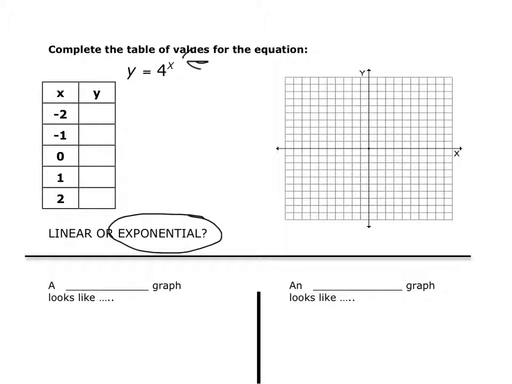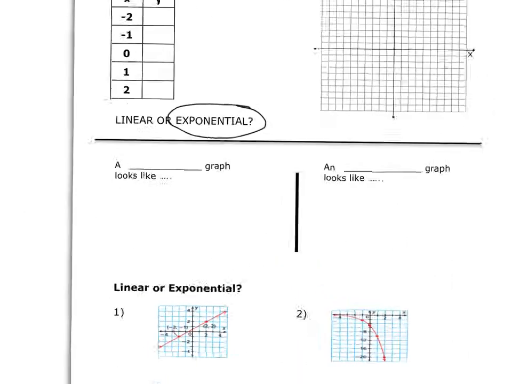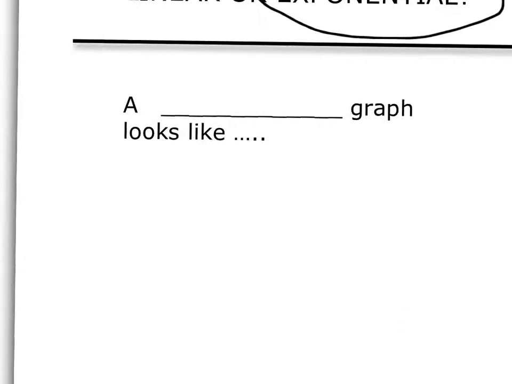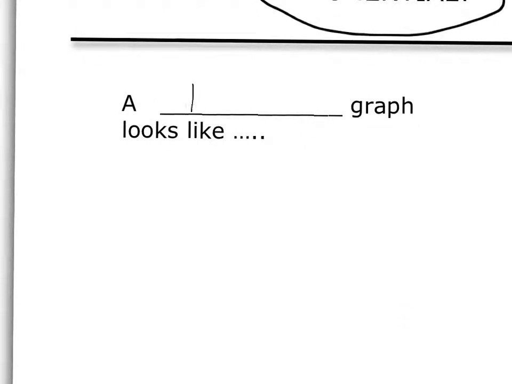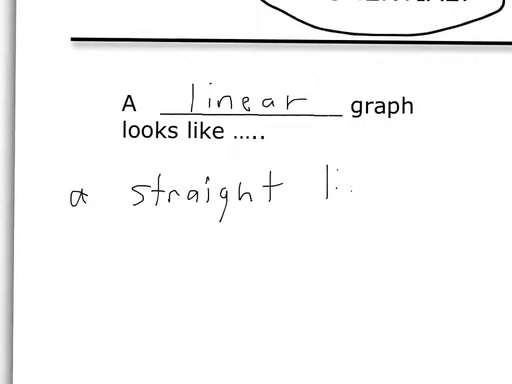Okay, so what I need you to know about our two types of graph. Our first type of graph, a linear graph, looks like a straight line. It will always be straight if it's linear.